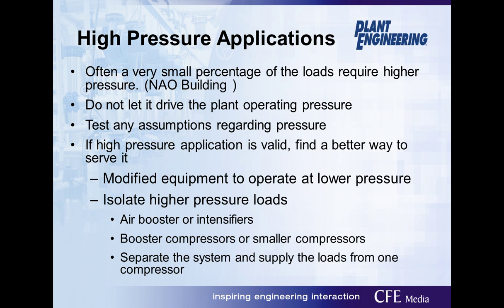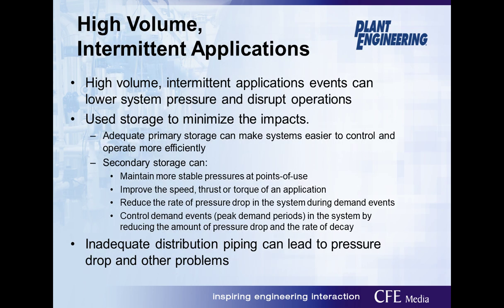You need to test those assumptions. If the assumption is that it really needs to do it, you need to find better ways to do it. That could be modifying the equipment, or isolating it in the ways that we have listed here. The whole thing is you want to make sure that a small percentage doesn't require you to maintain that pressure up there. You want to take advantage of being able to lower it, for that 2 psi and 1% efficiency.